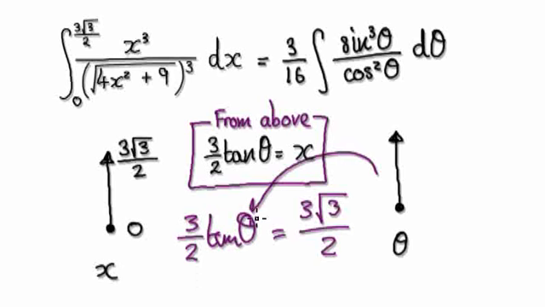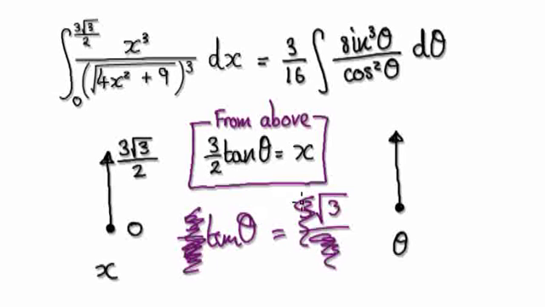So now we need to know what theta is here. We need to know this theta. So times both sides by 2, that will give you this. Divide both sides by 3, that will give you this. And then we want to know what theta is, because we are living in the theta world here. So inverse tan both sides, theta will be pi over 3.